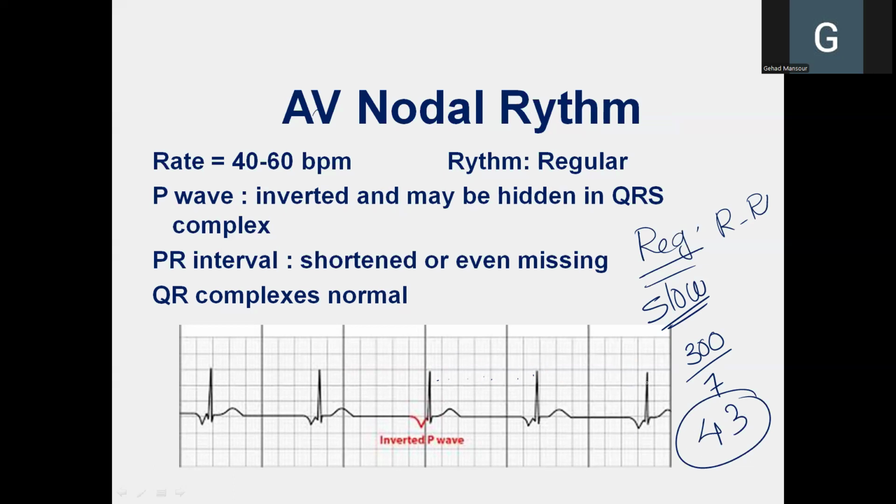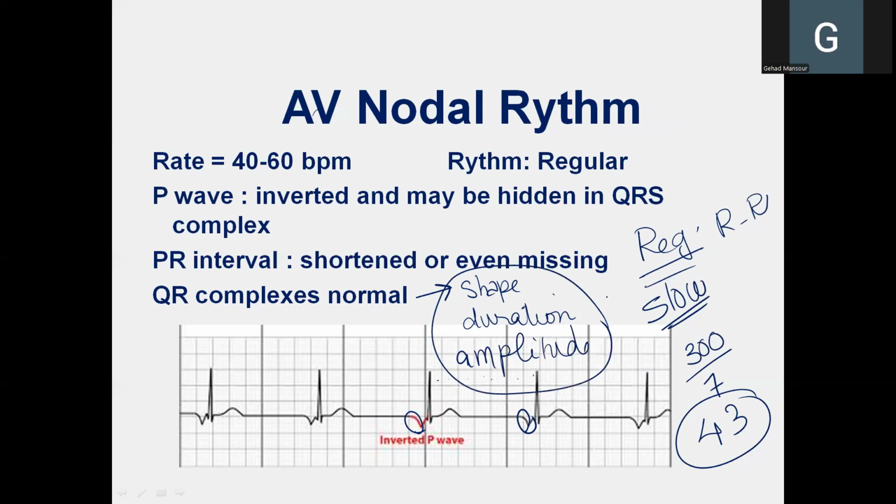which is a very slow rate. Moreover, you have inverted P waves before each QRS complex, and of course, the PR interval is very short. But again, this last statement is very important: the QRS complexes are normal in shape, normal in duration on the x-axis, and normal in amplitude on the y-axis.